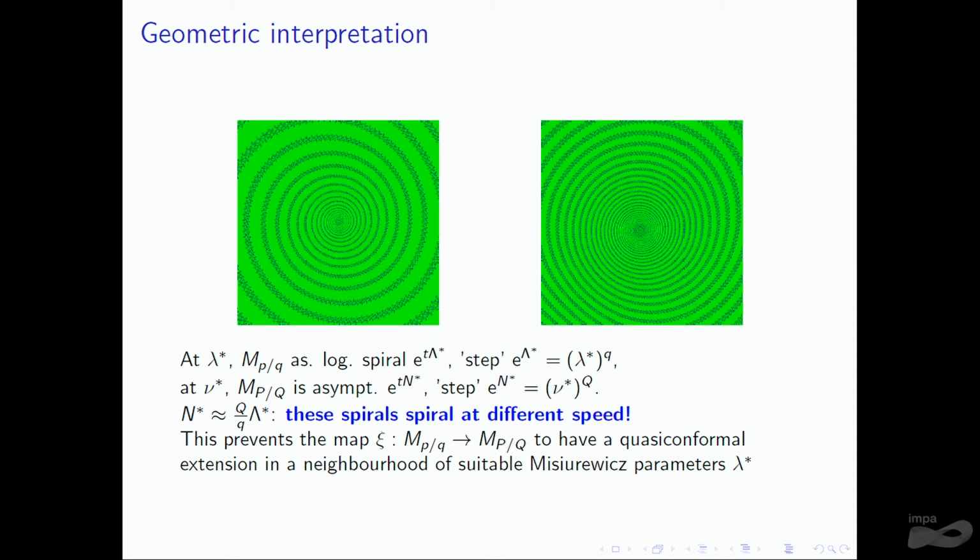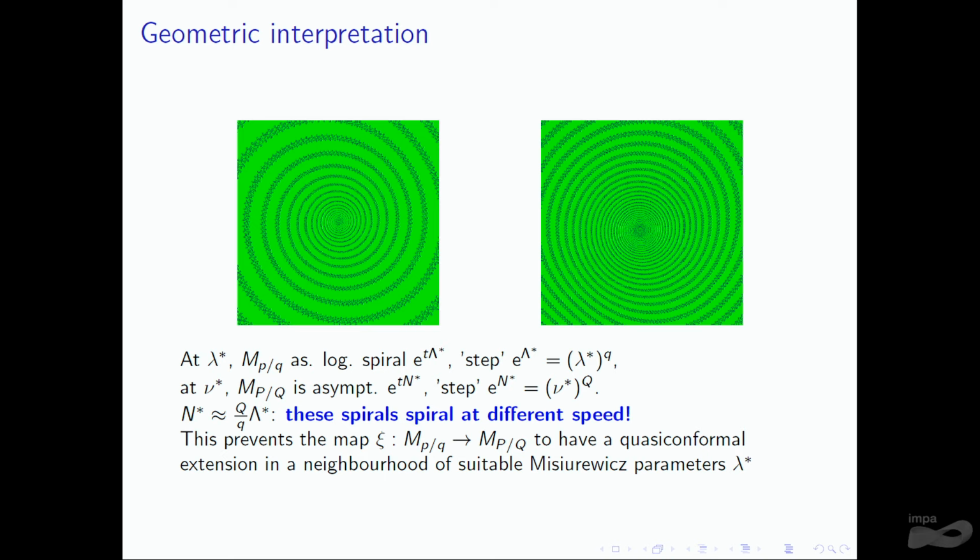Because, morally, Tan Lei proved that at these points, which are called the centers of the spirals, the Misiurewicz parameters, the Mandelbrot set is asymptotically self-similar and follows asymptotically the logarithmic spiral, e to the tau lambda, where lambda is lambda to the q, and q is the period.